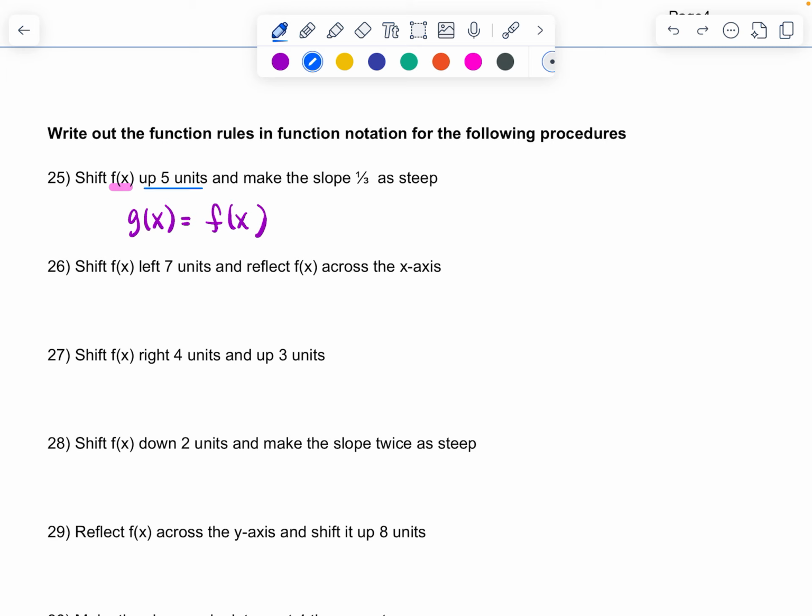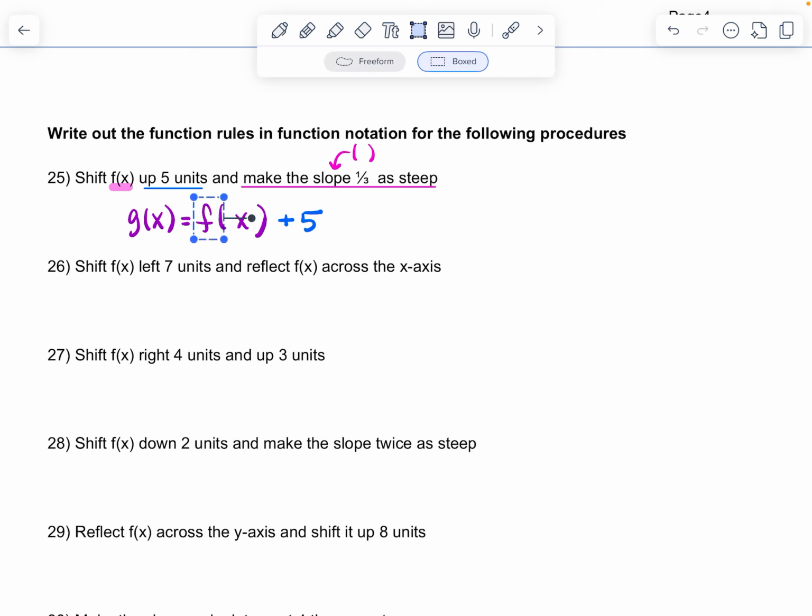I'm going to color code this. If I want up 5, that is a vertical movement, which means we have a plus 5 on the end, because we're moving up and down. Then our second thing is we want to make the slope 1/3 as steep. The fact that it says slope means our number needs to be inside the parentheses with the x.